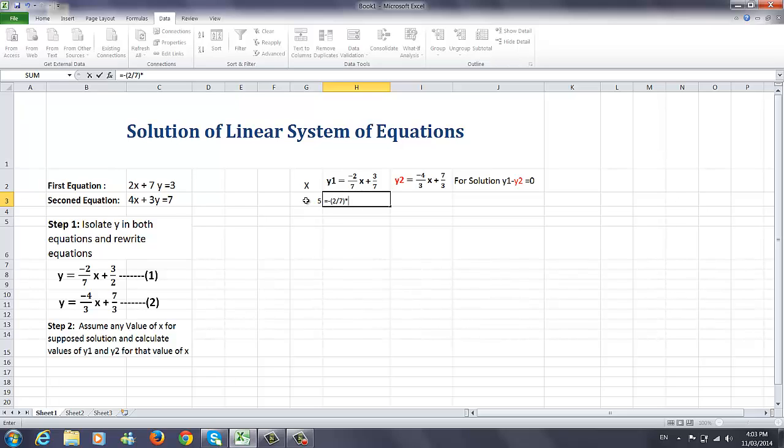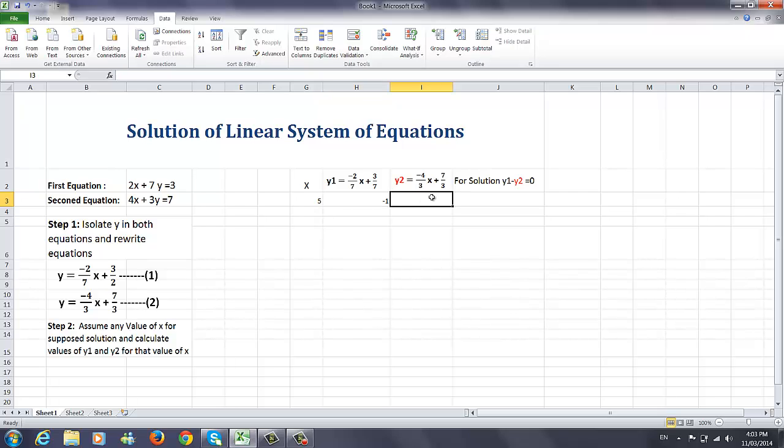And where is 5? 5 is in the cell G3. Therefore we can click on the G3 cell where the value of x is, and then plus 3 divided by 7, and this gives us the value of y against x equal to 5.